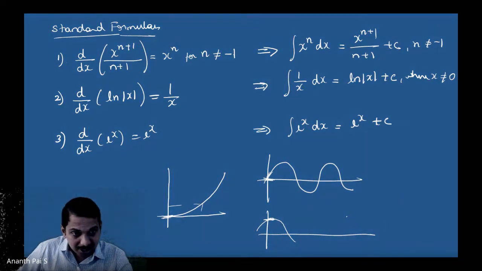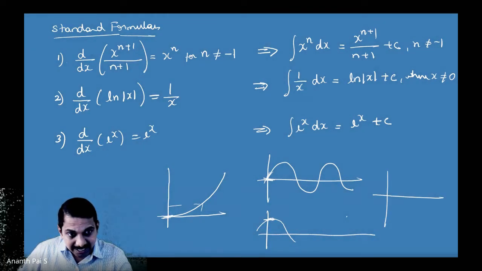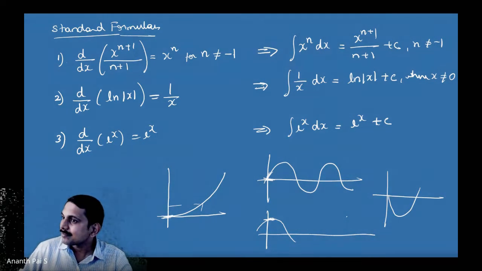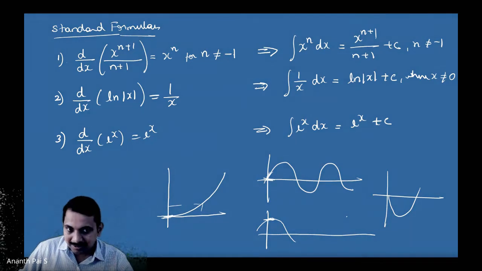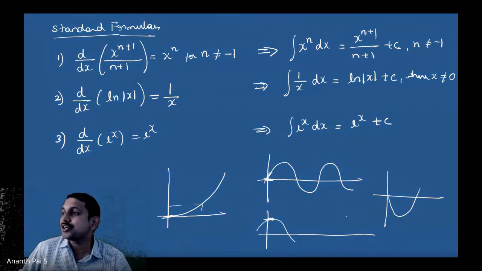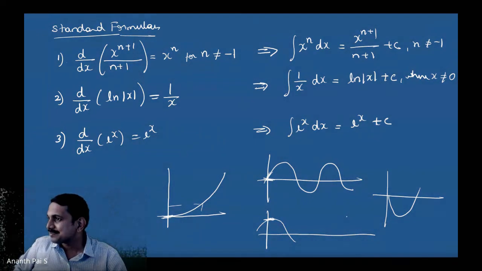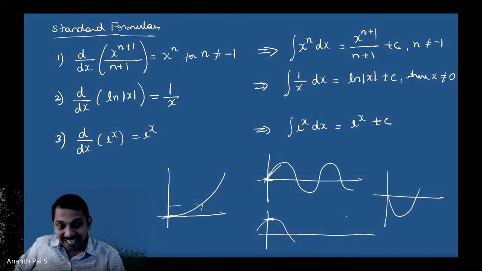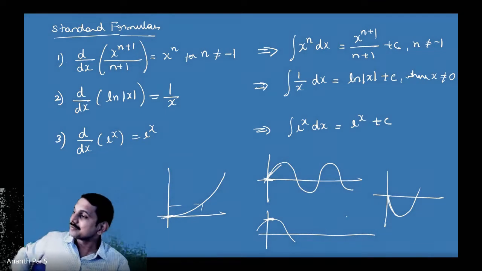The acceleration curve is like this. As displacement increases, acceleration also increases, but in the negative direction, opposite to the displacement.